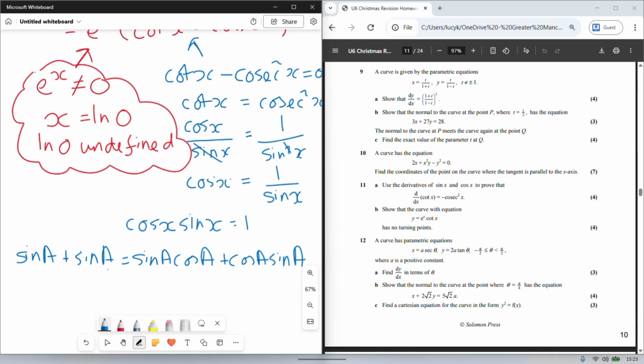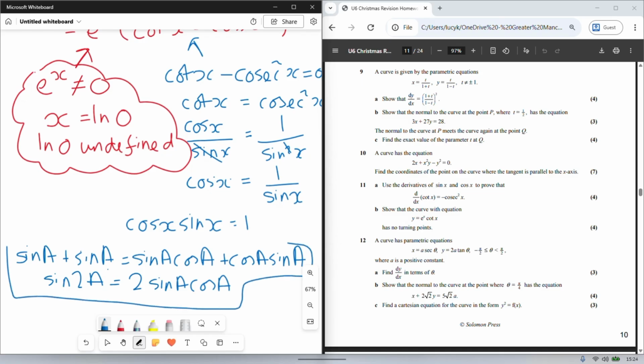That gives me that sine 2A is equal to 2 sine A cos A. Doing a bit of manipulation, if we divide through by 2, we get sine 2A over 2 is equal to sine A cos A.